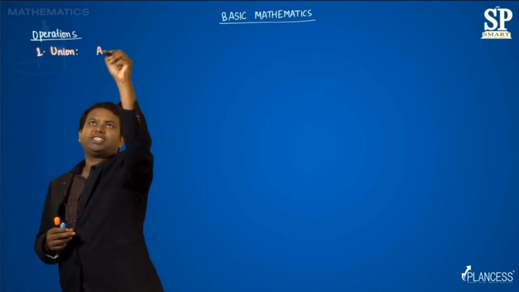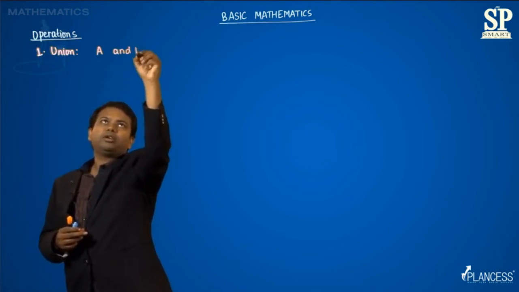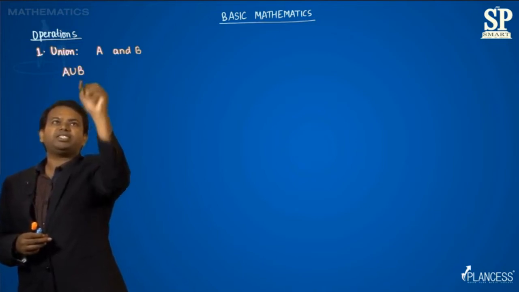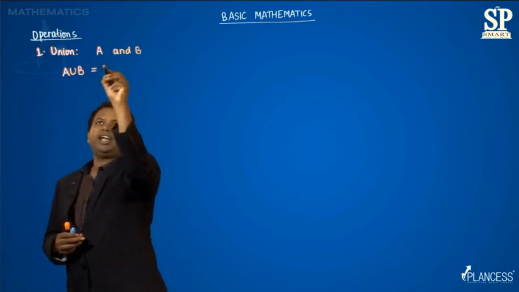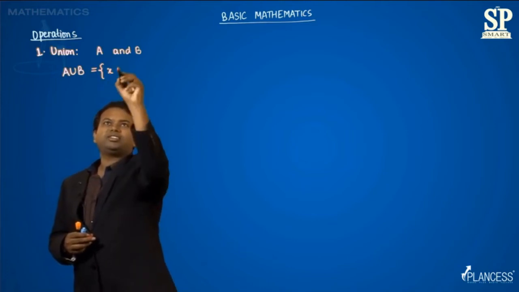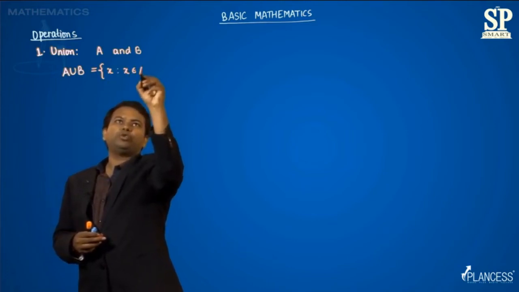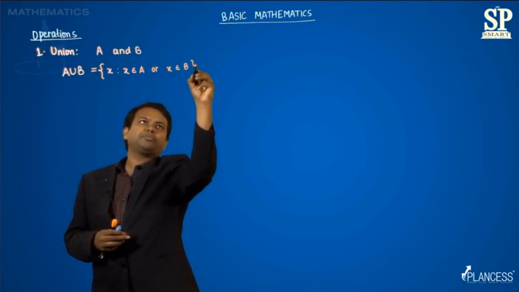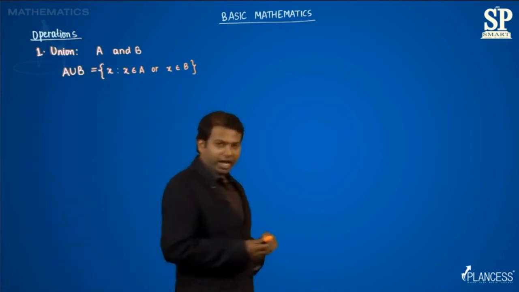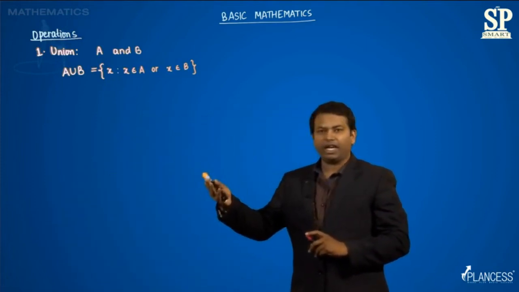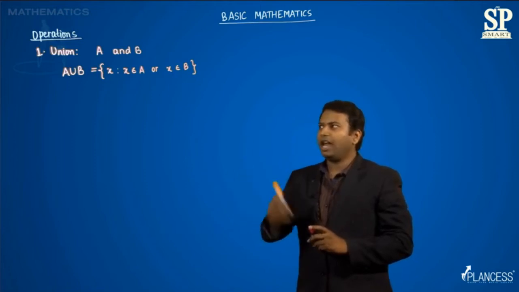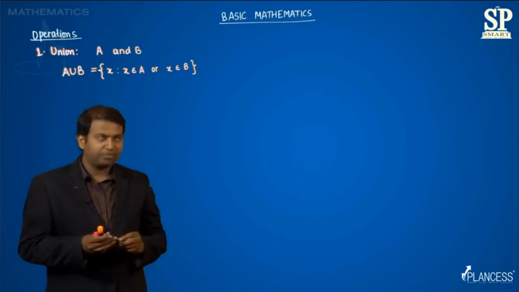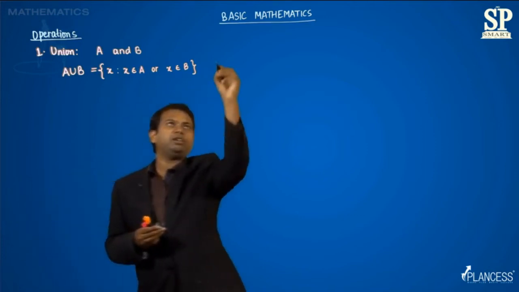Suppose we have two sets A and B, then the union of A and B is represented as follows, and it is defined as the set of x such that x belongs to A or x belongs to B. That is to say, any element which lies either in A or in B or in both lies in the union. If we want to represent this using a Venn diagram, it can be done in the following manner.